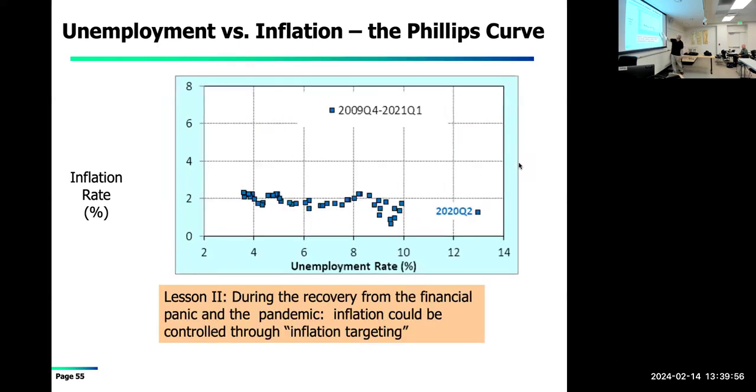Okay, and this is what happened in 2009 through. One would argue that this curve is an area of academic research, because it gets into the structure of the economy. If businesses are prone to lower their prices when the unemployment rate is high, it kind of makes sense.